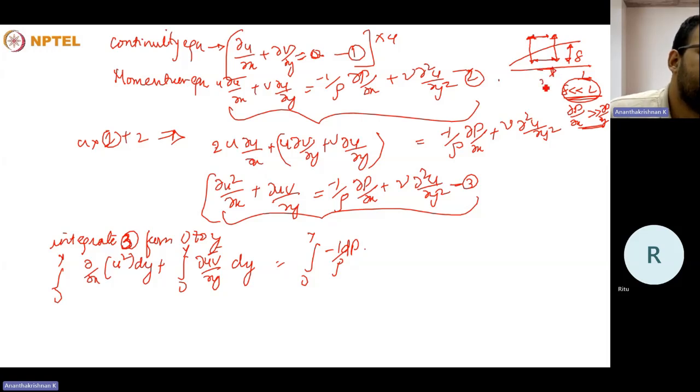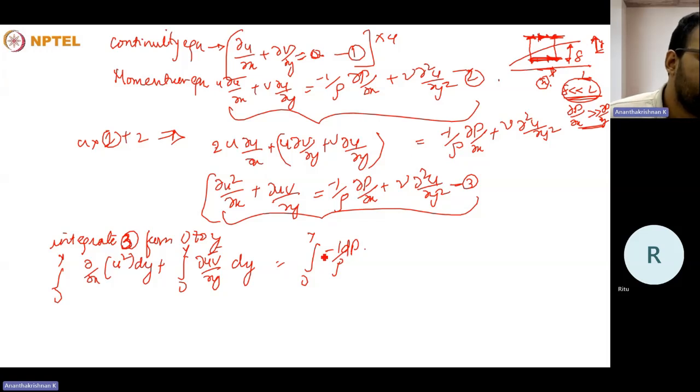The flow direction is the X direction and this direction is the Y direction. So the pressure difference along this line will be the same as along this line. This is the free stream, where the pressure gradient will be dou P infinity by dou X, and the same pressure gradient will be felt inside the boundary layer as well.